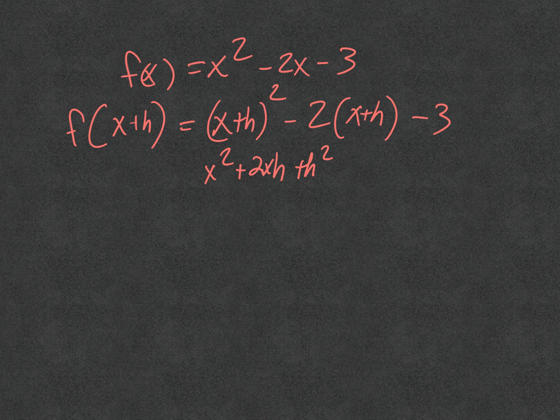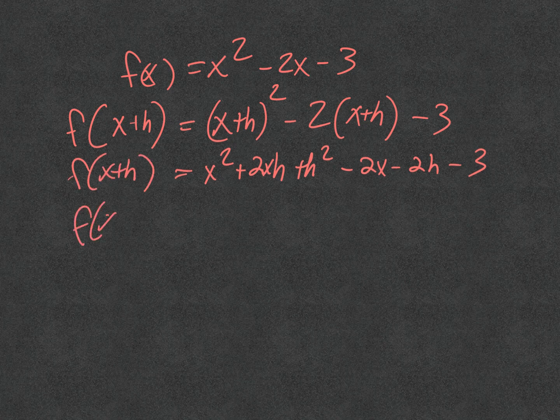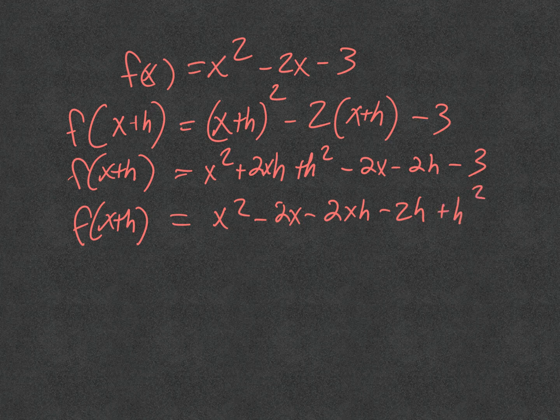That's that first thing in parentheses squared out and simplified with FOIL. Then I'll have minus 2x minus 2h minus 3. Which will be x squared. Let's see. Minus 2x plus 2xh minus 2h plus h squared minus 3. There's nothing there that simplifies. I thought there could be. But that's in the numerator.